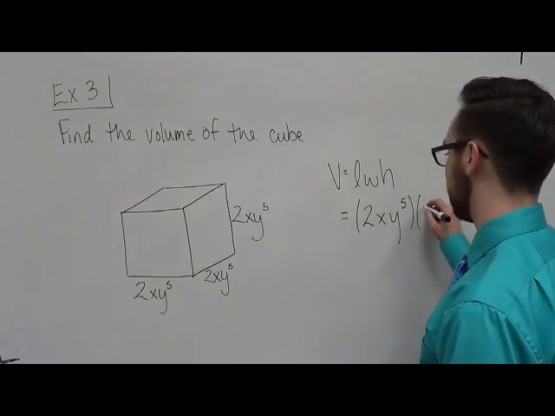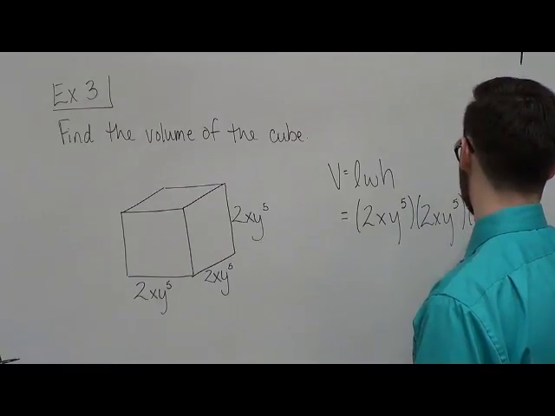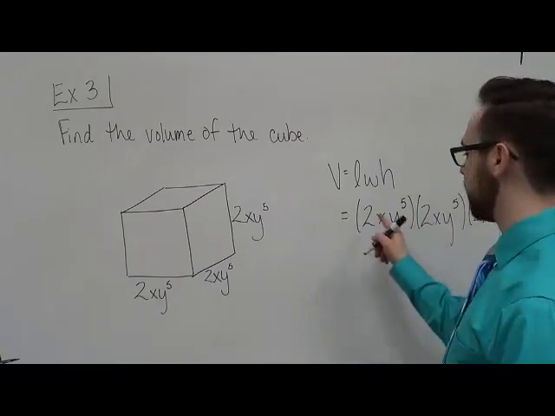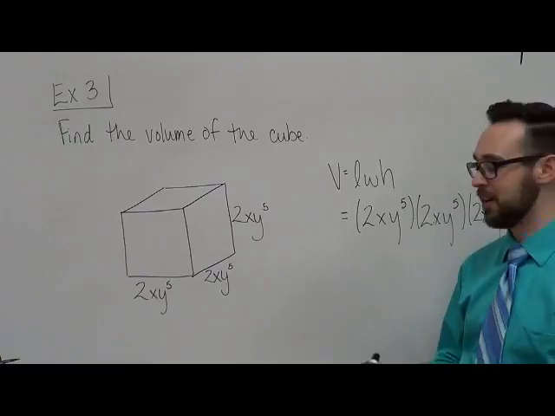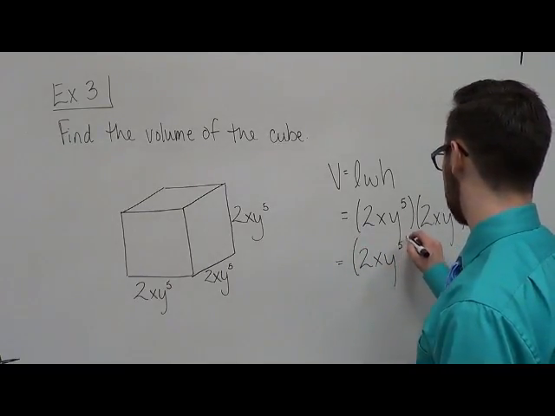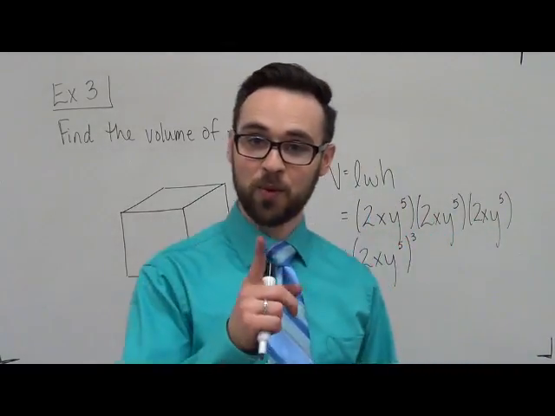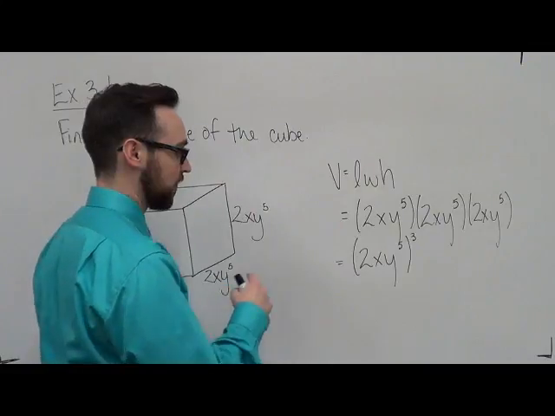What's my width? 2xy to the 5th. What's my height? 2xy to the 5th. Well, I have this thing 3 times. So can't I just write it as 2xy to the 5th cubed? I can just write it as one monomial, right?